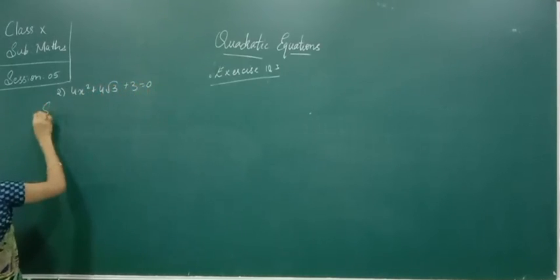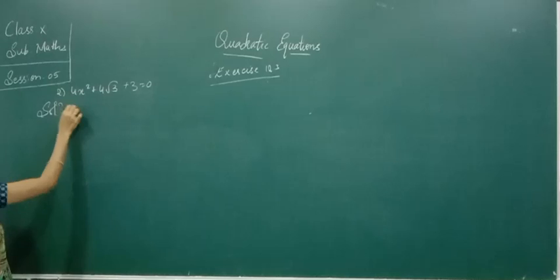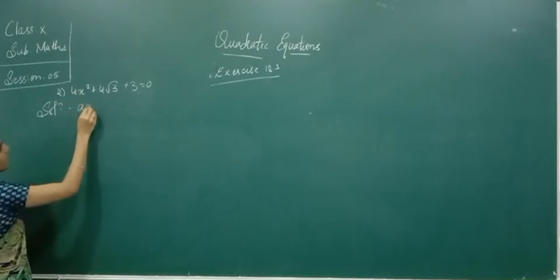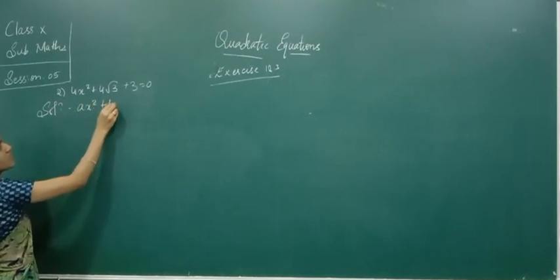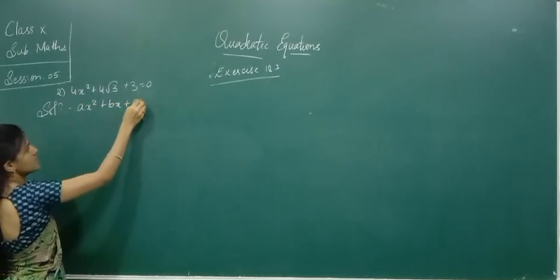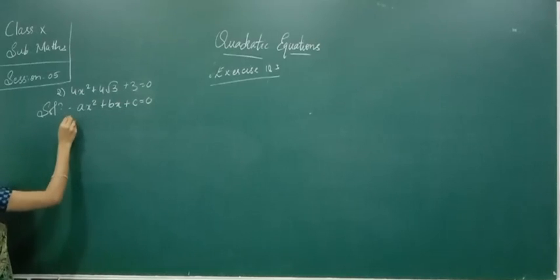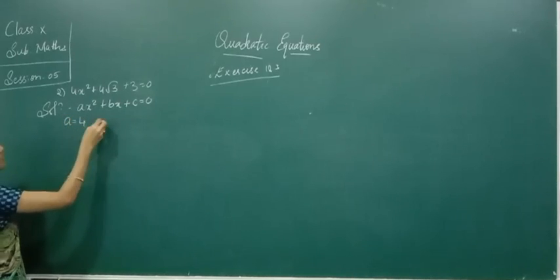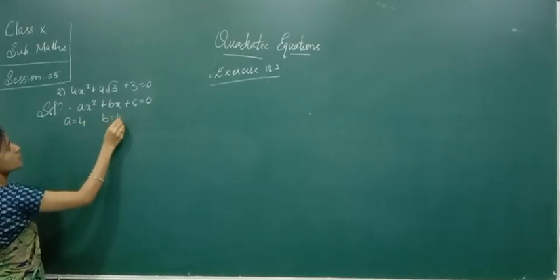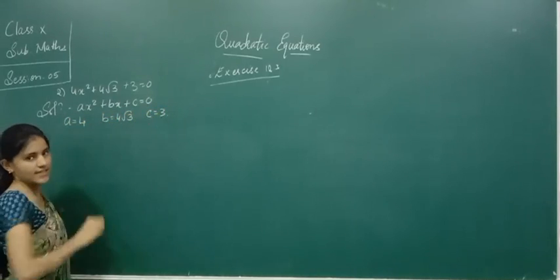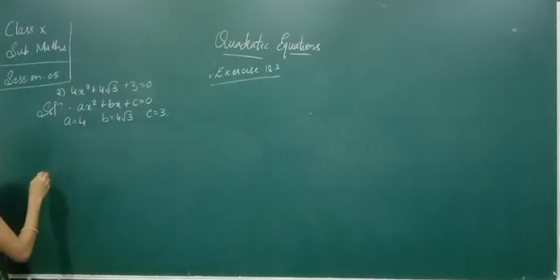Right? Start finding its solution. How we are going to do? Again compare that with ax square plus bx plus c is equals to 0. What we have got? Here we have got the value of a is equals to 4, b is equals to 4 root 3 and c is equals to 3. Right?